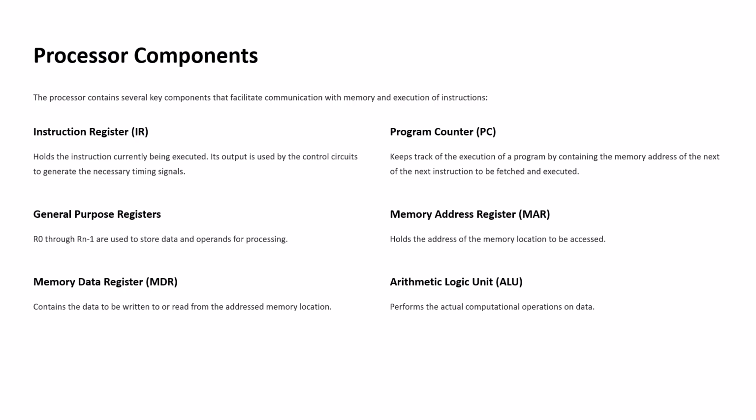General purpose registers store temporary data. The memory address register holds the address to be accessed in memory, while the memory data register holds the data itself. The ALU performs the actual computational operations like addition, division, subtraction, multiplication, etc., and logical operations like AND, OR, NOT, etc. Each component plays a specific role in controlling the flow of data and instructions between the CPU and memory.